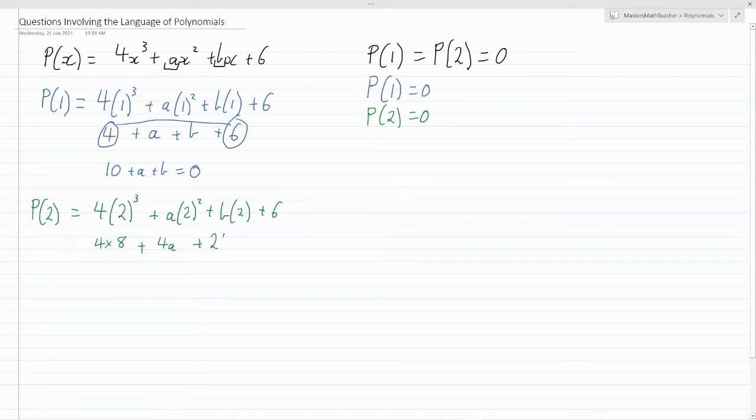Then we got 2 times b is 2b, and we got plus 6. Now note that I'm writing the number in front of the letter here, so 4a rather than a4. That's just a mathematical convention, and it's a really good habit to get into.